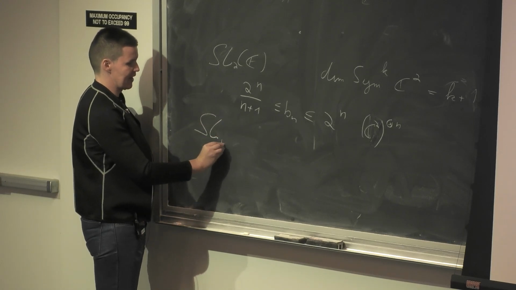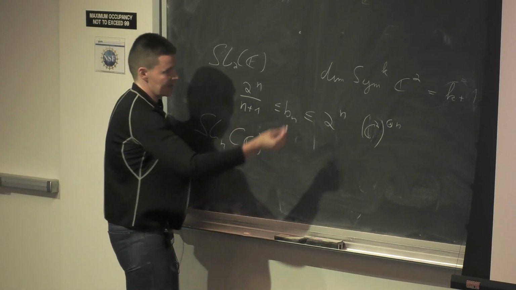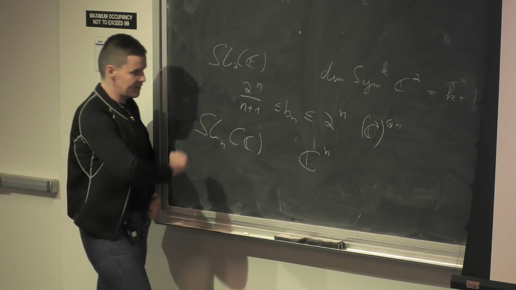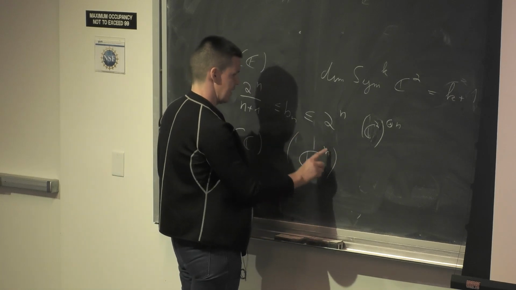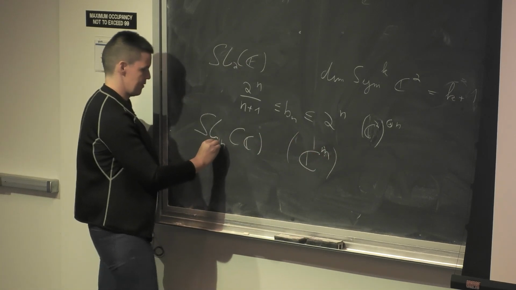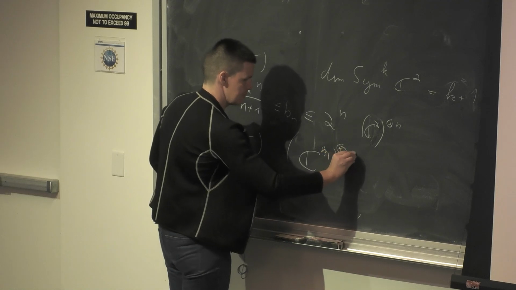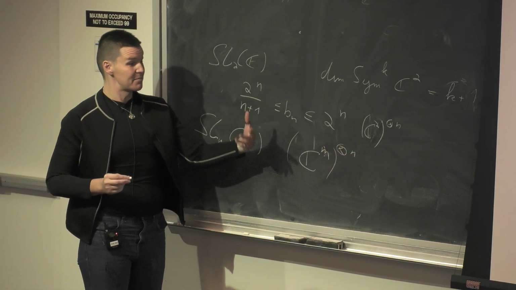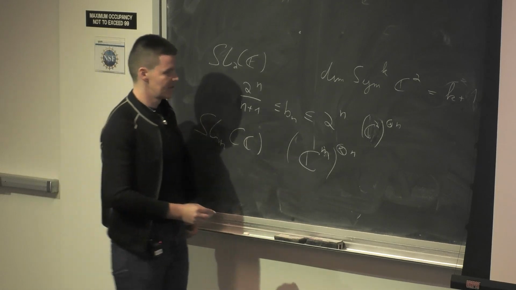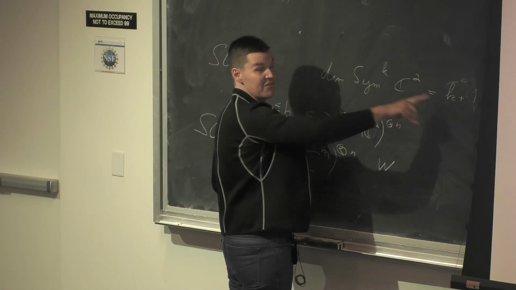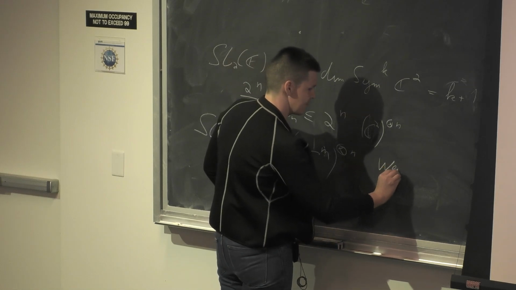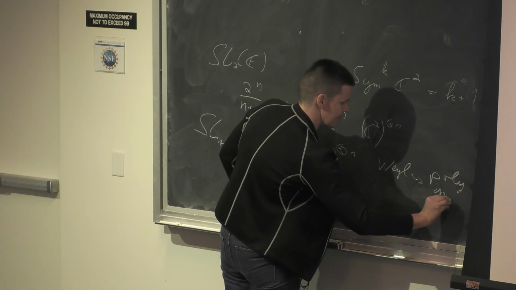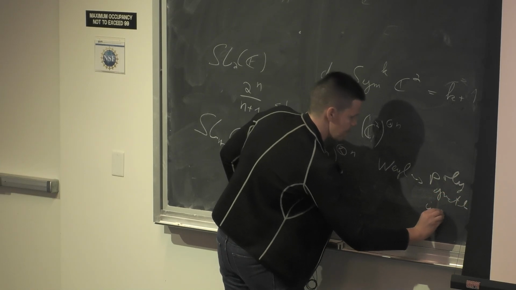Let me do the same for SLN. Again, you could do that for any representation, but anyway. Take the defining representation, I take its tensor power. N is probably bad, let's take m. Take its tensor power. What is the maximal thing that turns up? Well, you can estimate what it is, but Weyl's character formula will tell you that the dimension will grow polynomially in the weights.